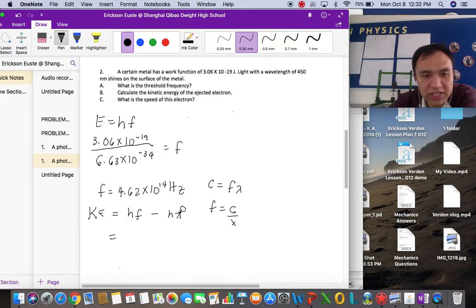So we can also express that frequency: h times c over lambda minus h times the threshold frequency.